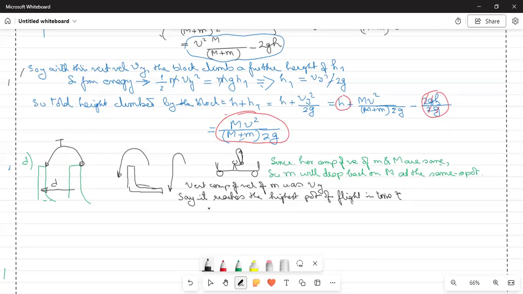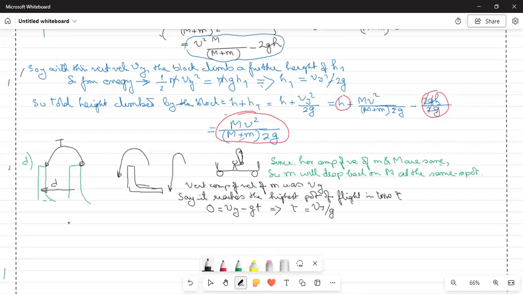Then from the kinematic equation, 0 is equal to vy minus gt. From here we find t is equal to vy by g.